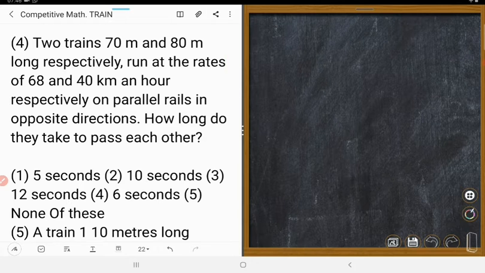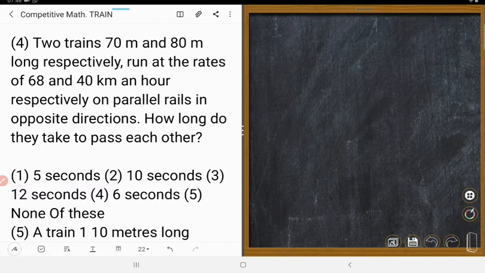If both trains are in opposite directions, the relative speed is the addition. If they are in the same direction, the relative speed is their difference.